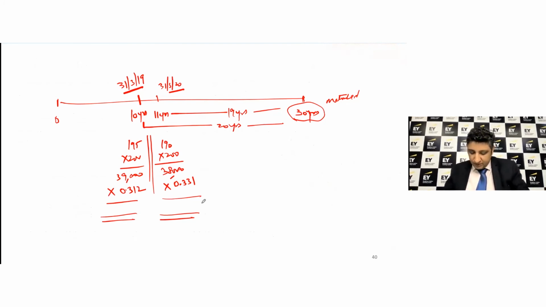If I do the calculation here, 39,000 into 0.312 comes to 12,168, and 38,000 into 0.331 comes to 12,578.